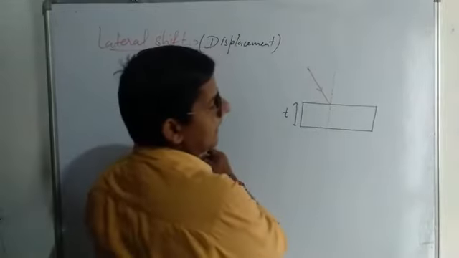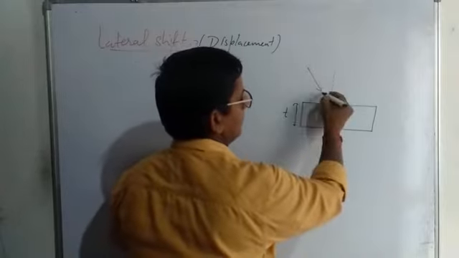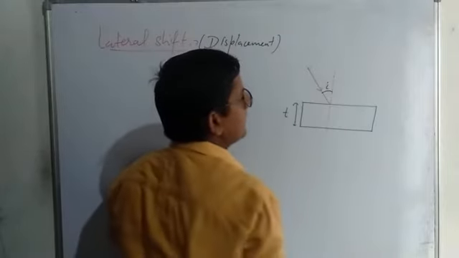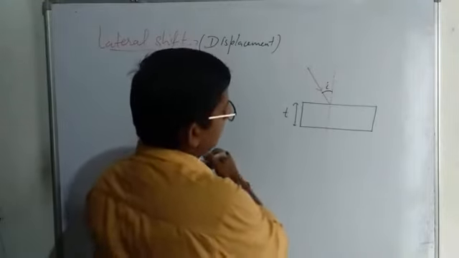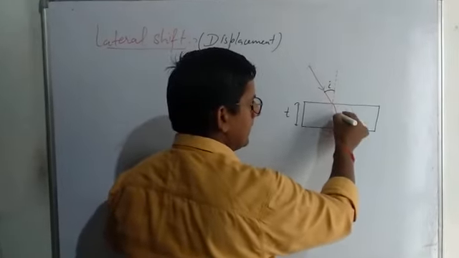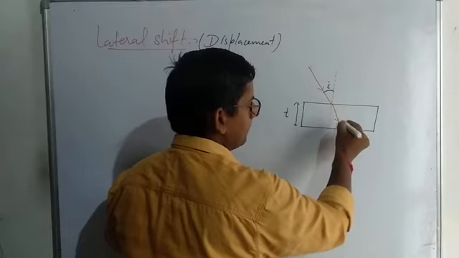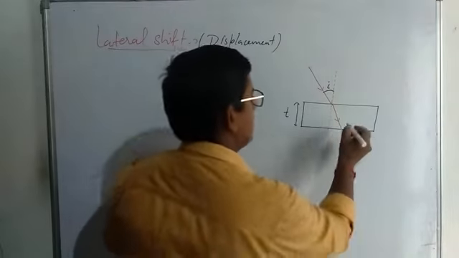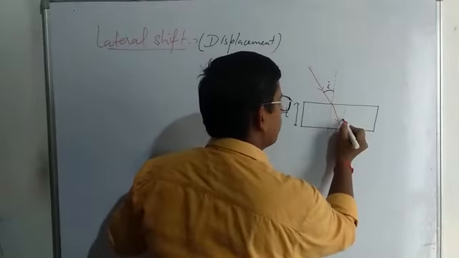Let's say here is angle I, the incidence angle, and due to refraction it moves toward the normal. Again here is the normal.